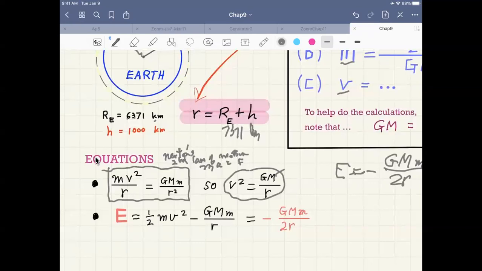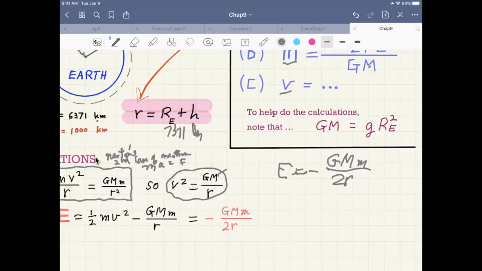The mass of the Earth is something you have to look up in the book. Well, actually, to help do the calculations, you can notice that GM is the same as g at the surface of the Earth times the radius of the Earth squared. So since this involves GM, you don't actually have to look up the mass of the Earth.